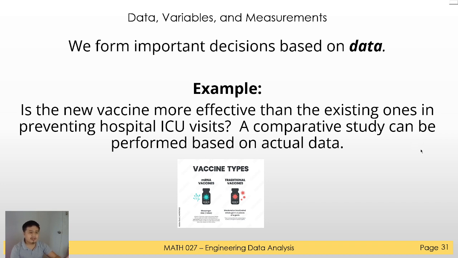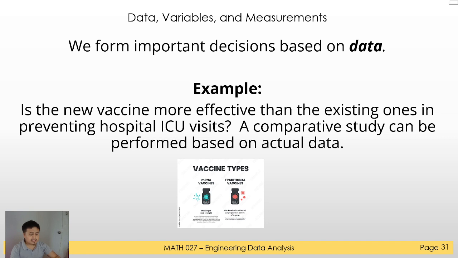So meaning we can compare the percentages to have some assessment of how effective the vaccine is. So there is some correlation attributed to the new vaccine's effectiveness versus the existing vaccine.